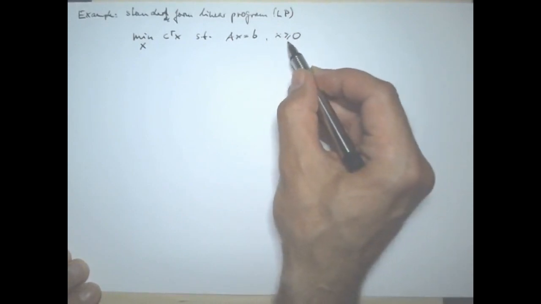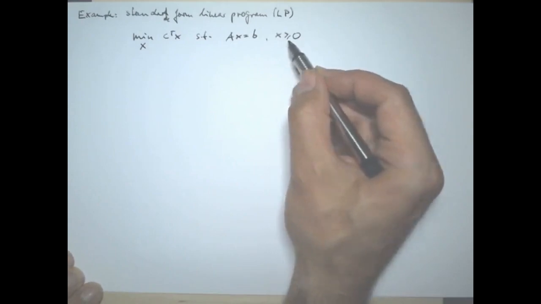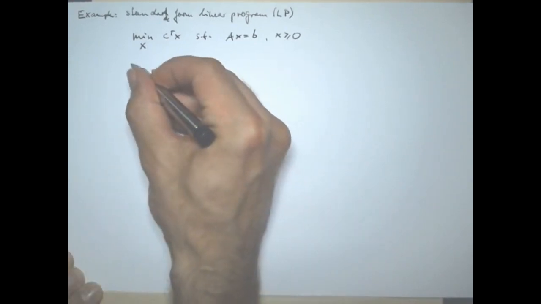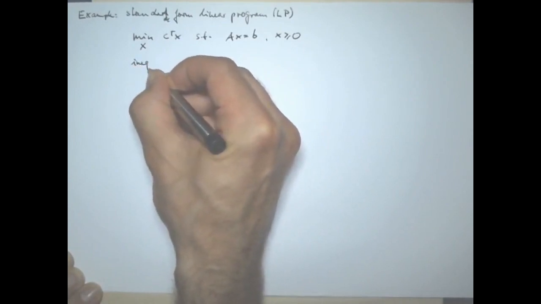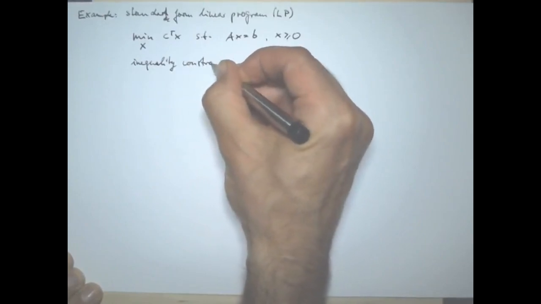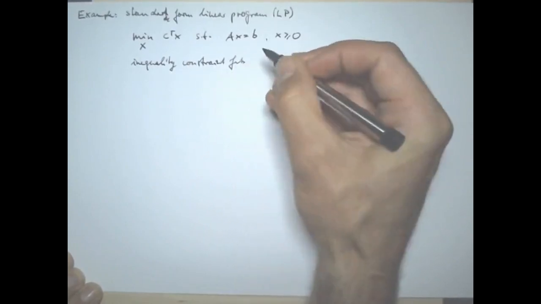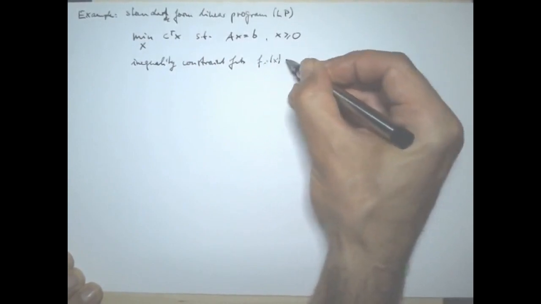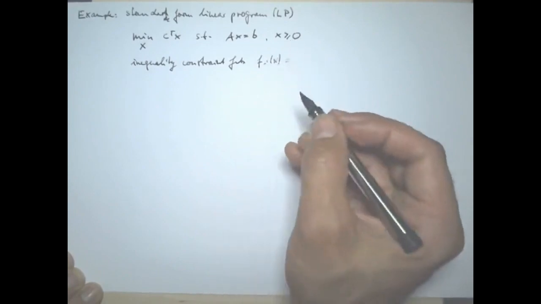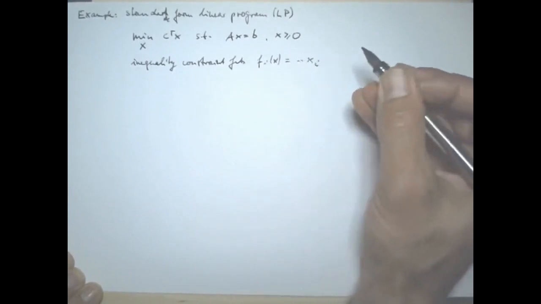So x is a vector, and if I'm writing then greater than or equal to, what I mean is that this should hold for every element of my vector. So to translate this into our formalism, I can say that we have inequality constraint functions f_i of x. I wanted x to be larger than or equal to 0, so I can say that minus x_i should be less than or equal to 0.